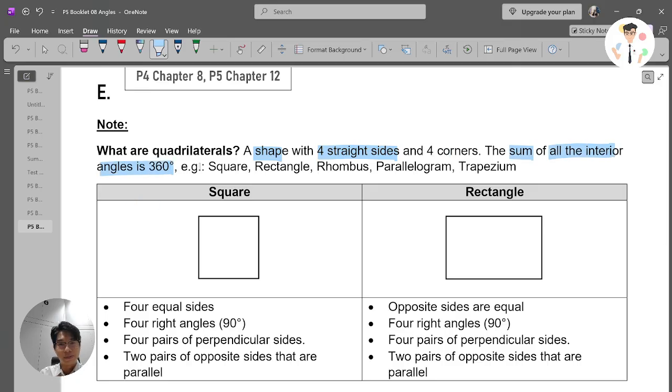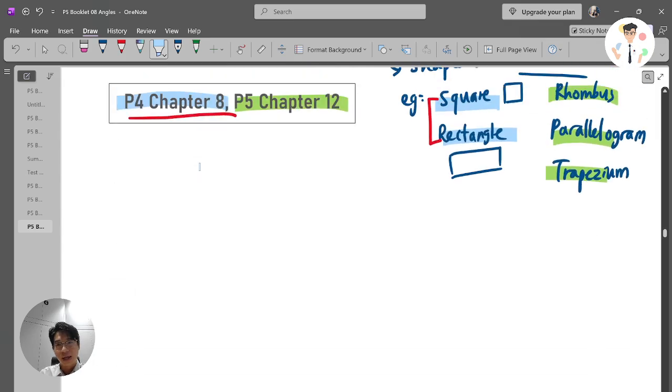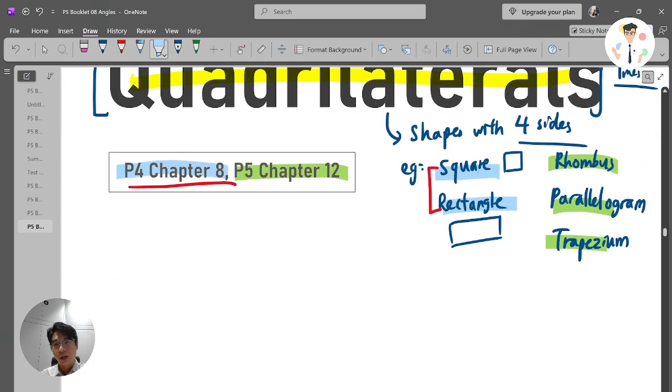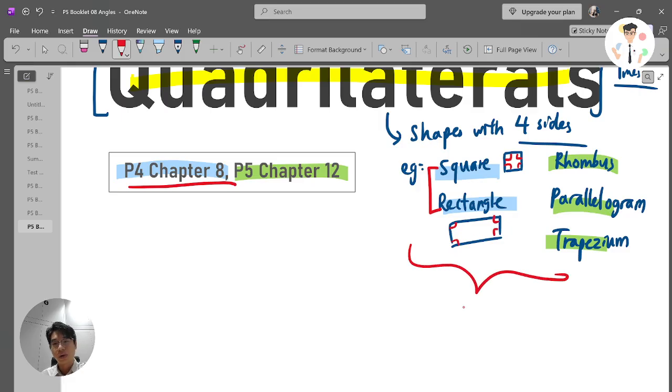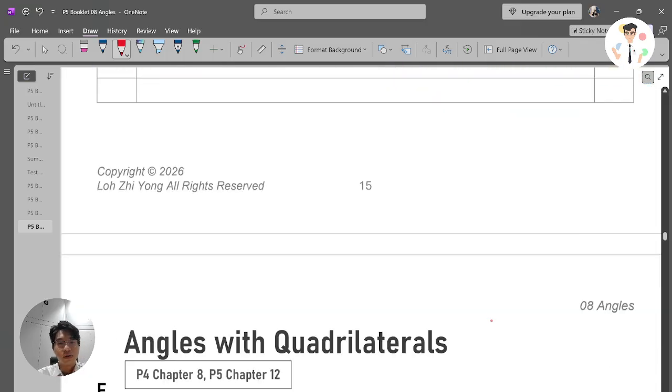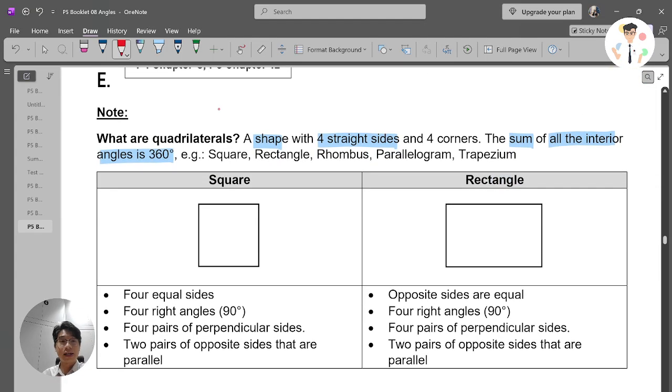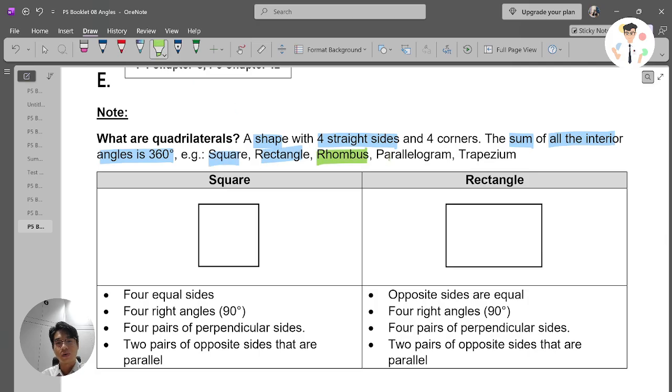So all these shapes that I have mentioned here, when you add up all the interior angles, they all add together to 360. That you should know. Let's move on. Some examples are square and rectangle, and in a short while in P5, we are calculating rhombus, parallelogram, and trapezium. First, let's look at square and rectangle.